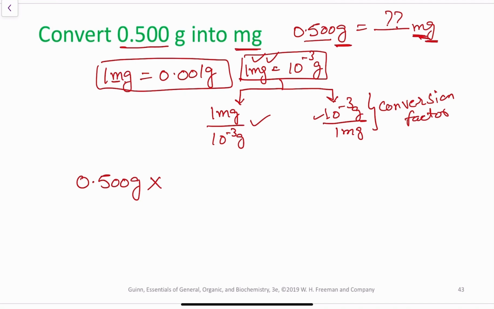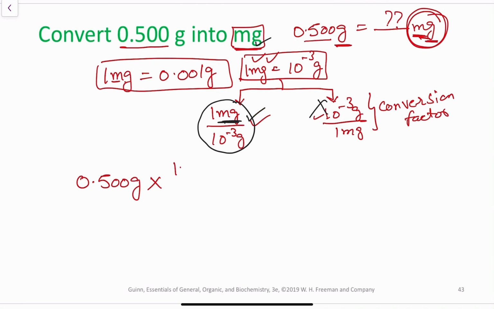Always remember this: whatever unit you require, in this case milligrams, you have to choose the conversion factor that has that required unit at the top of the divisible form. Out of the two, this conversion factor has milligram on the top, which we need. So that's why I'm using this conversion factor, not this one.